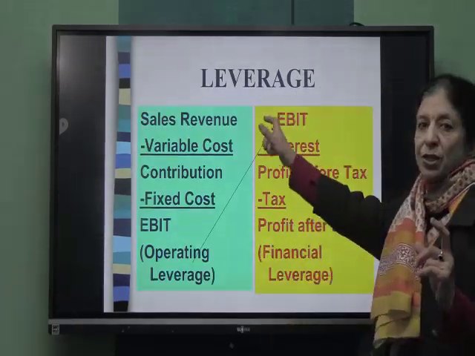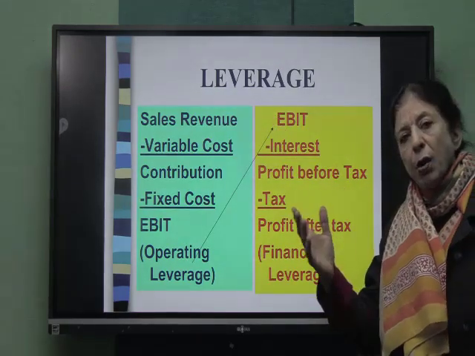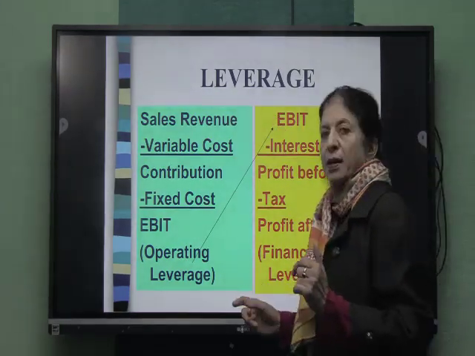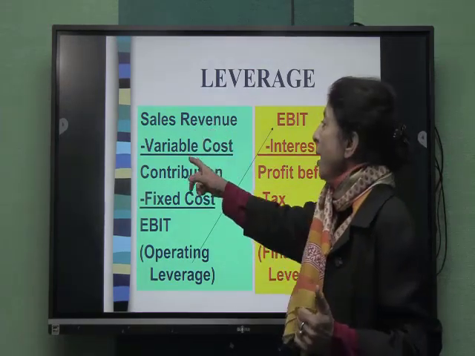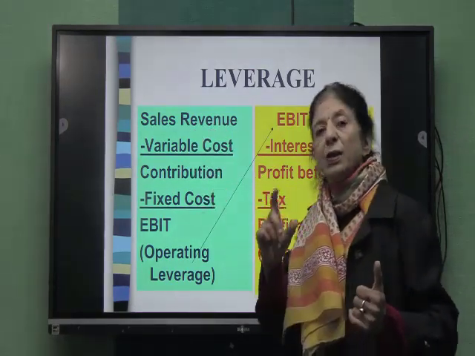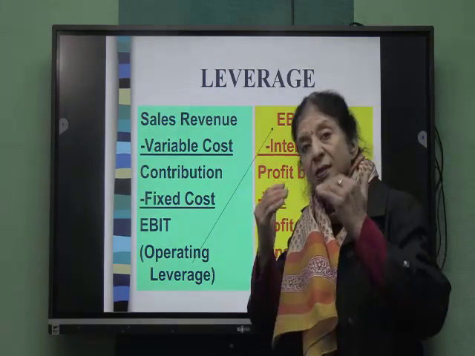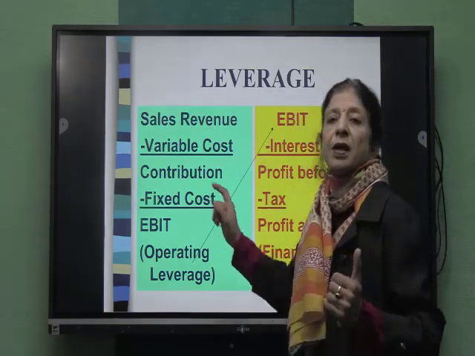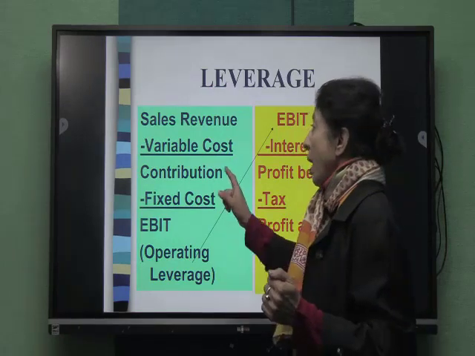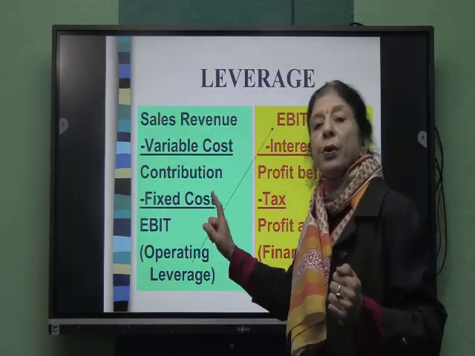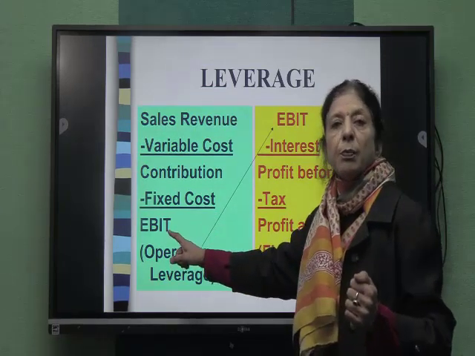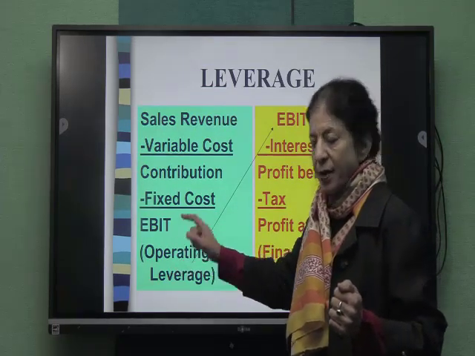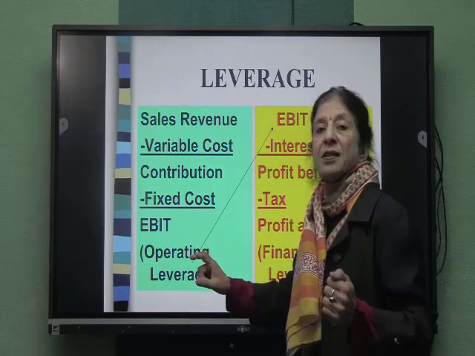I have given it in the form of a table in order to understand very easily. We will have the sales revenue, the dependent variable, minus the variable cost, and after the variable cost reduction, whatever is the remainder is called the contribution margin. From the contribution margin, you deduct the fixed cost, and hence that will be called earning before interest and taxes. That is called the operating leverage.